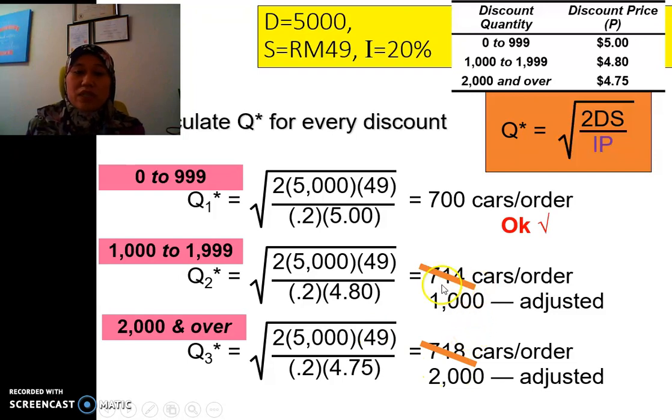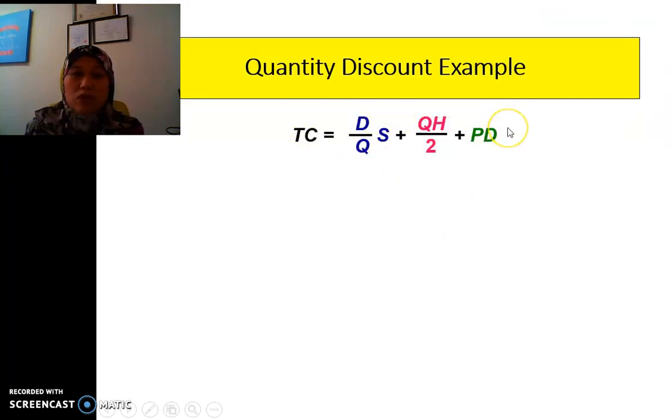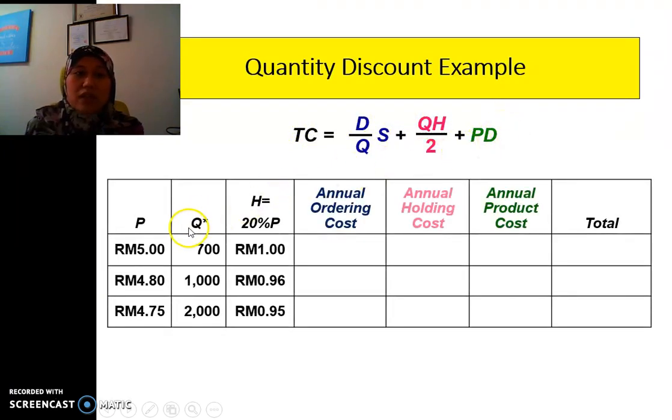Okay, so we are going to do the total cost calculation. Okay, this is the total cost formula for the quantity discount. And this part is fixed from the table. Okay, Q we have calculated and adjusted before this. And then H, remember H changes with the price.